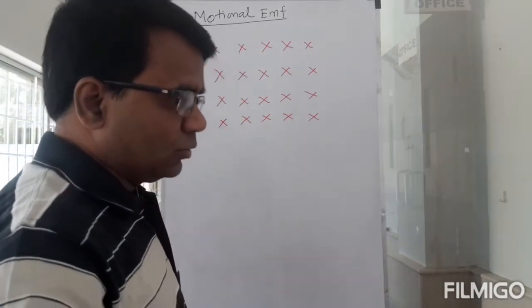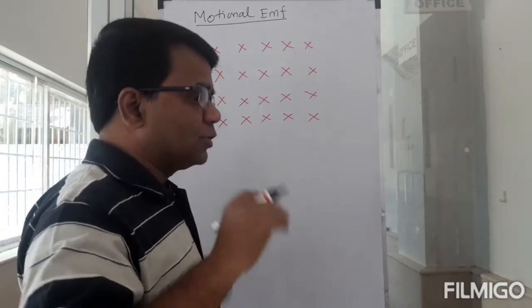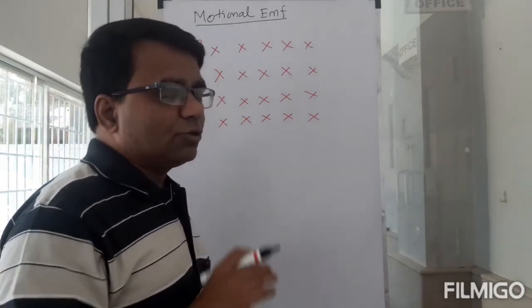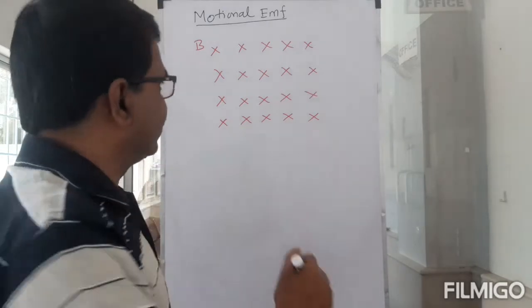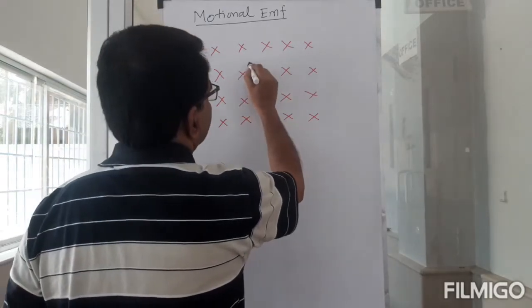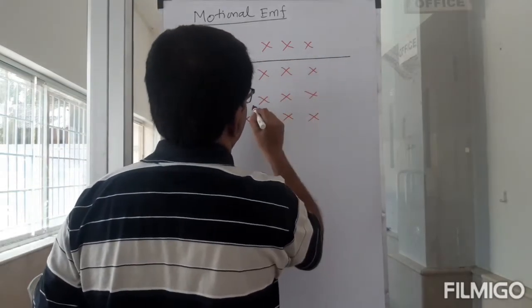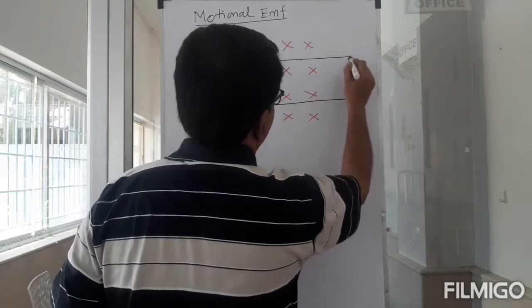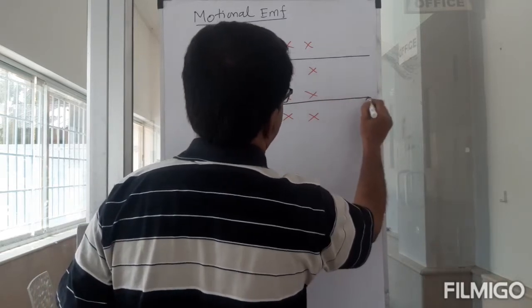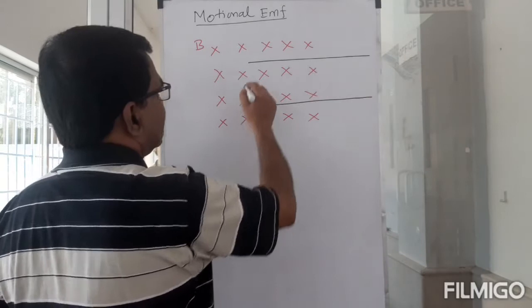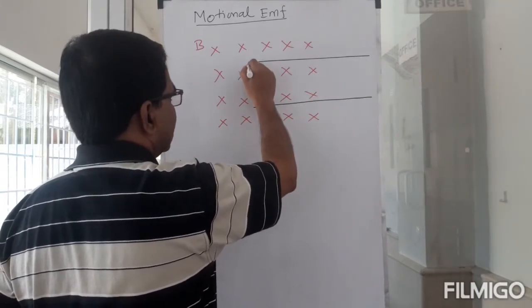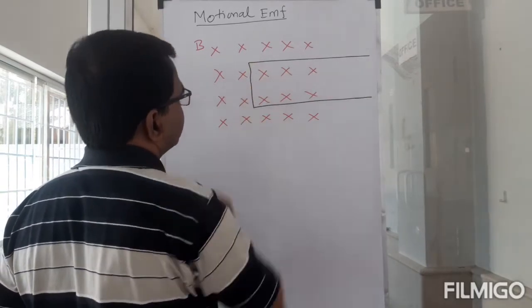And I am going to assume two metal conducting rails, like this. They are connected by another conductor like this.